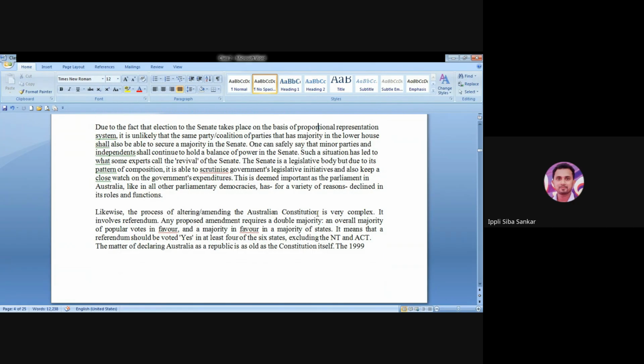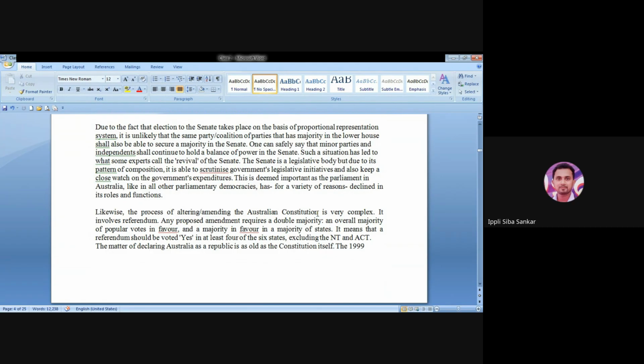Likewise, the process of amending the Australian constitution is very complex. It involves a referendum. Any proposed amendment requires a double majority: an overall majority of popular votes in favor, and a majority in favor in a majority of states.